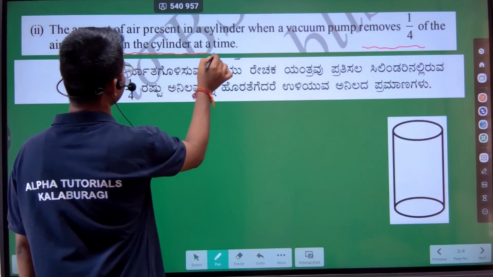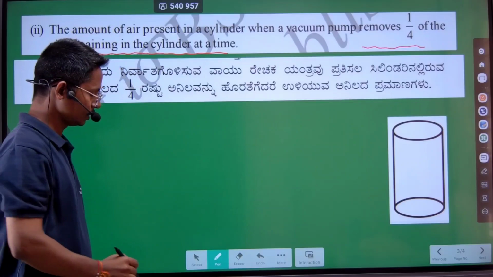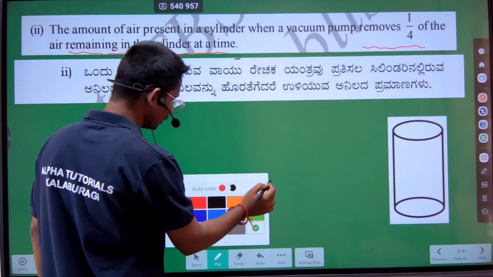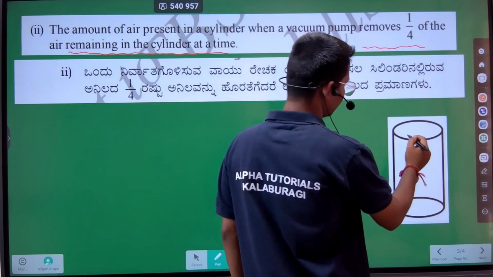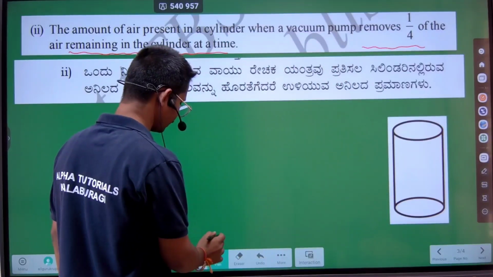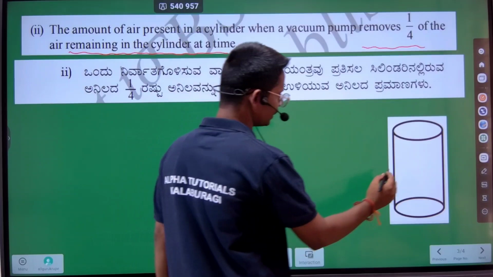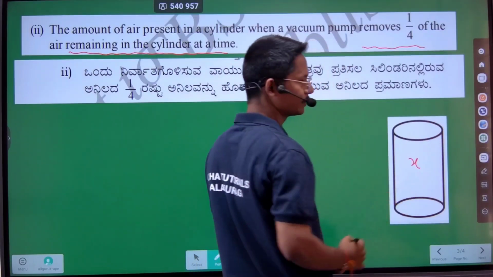Now let me consider a cylinder. How much air is present inside it? Let me take the amount of air present here as x.